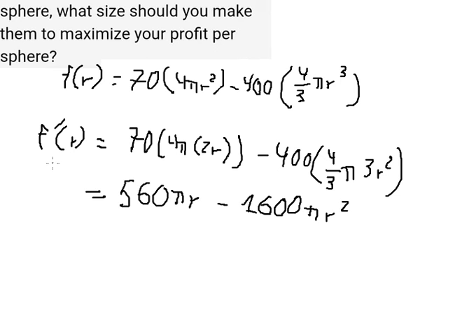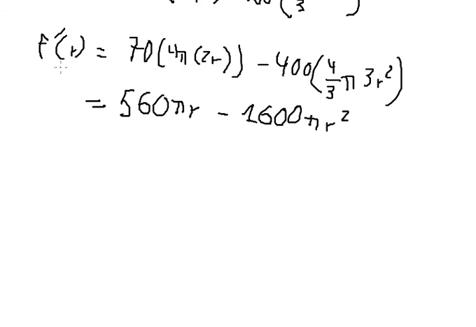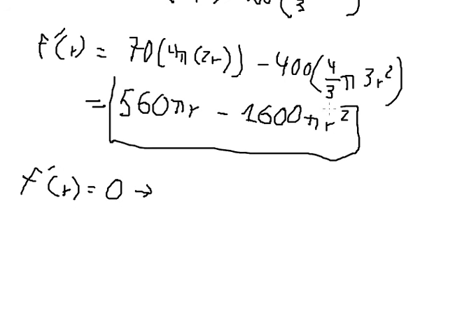Now, if we want to find the critical point, we need to set the first derivative of the function equal to 0. That means this one in here equals 0.